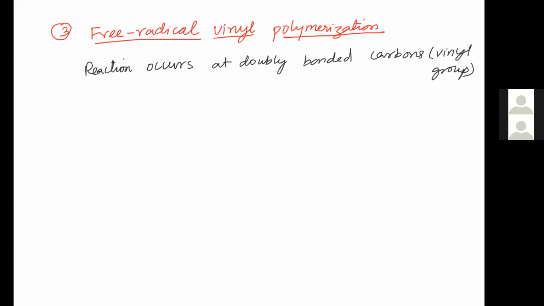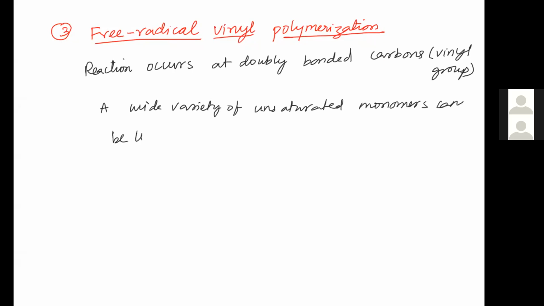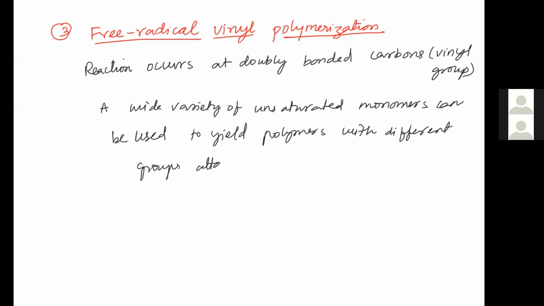That's why it is vinyl polymerization. A wide variety of unsaturated monomers can be used to yield polymers with the different groups attached to polymer.